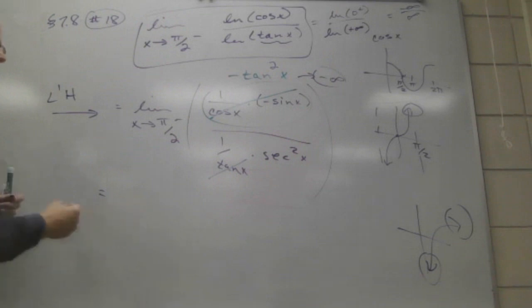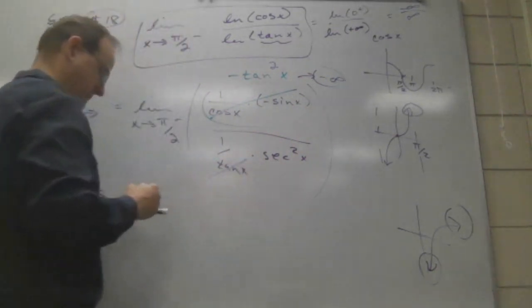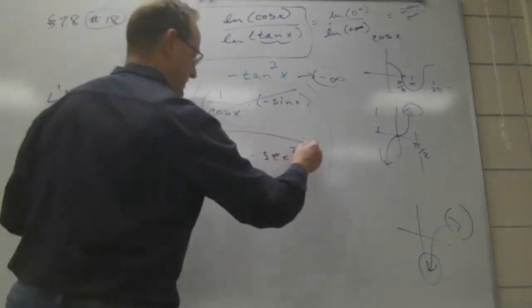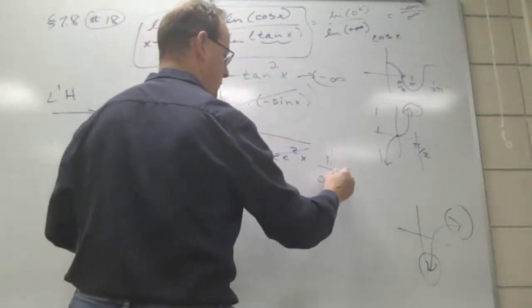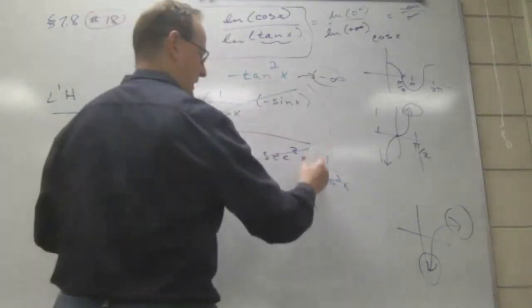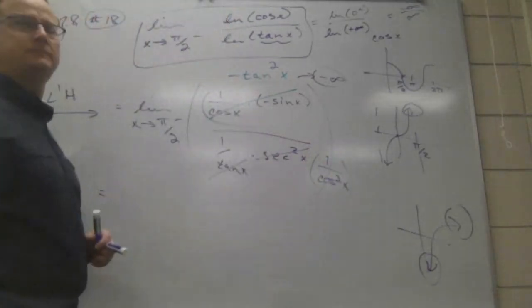So secant squared is 1 over cosine quantity squared, which is 1 squared over cosine squared. So instead of secant squared, I got 1 over cosine squared.